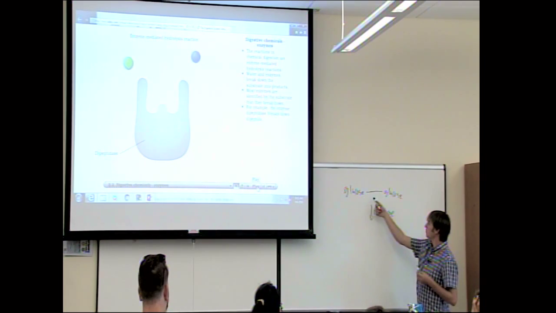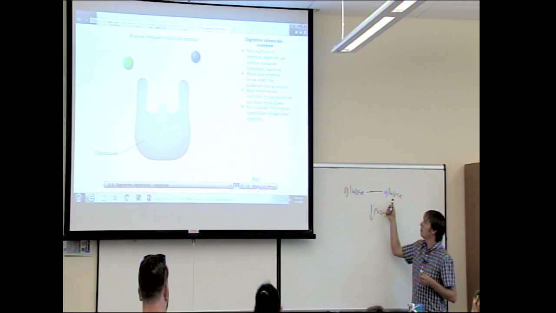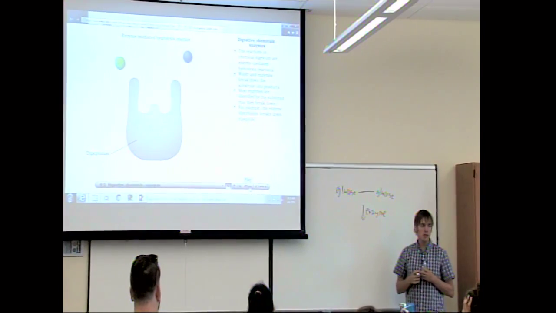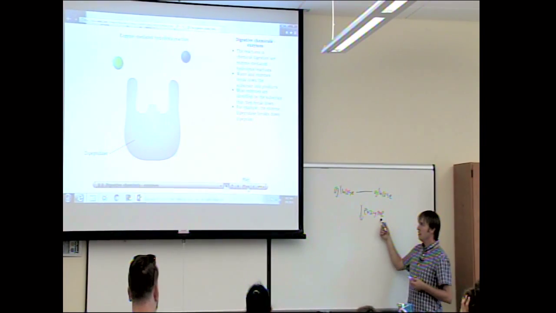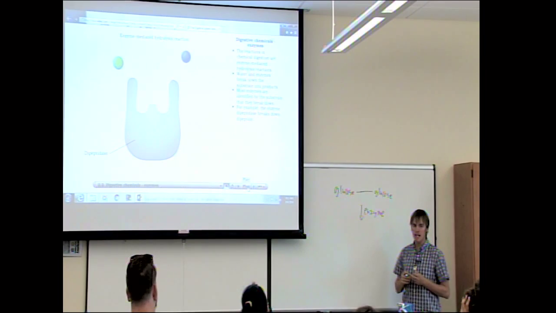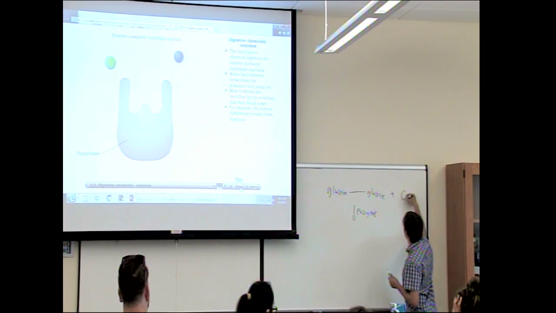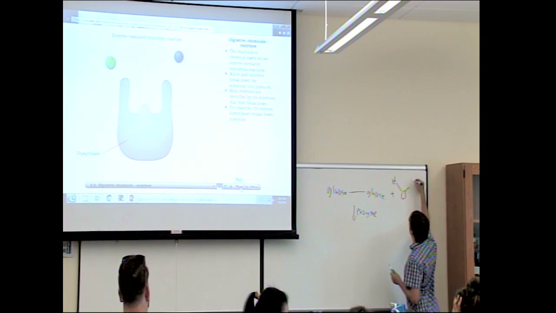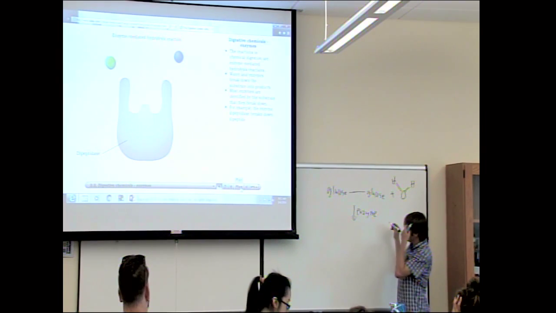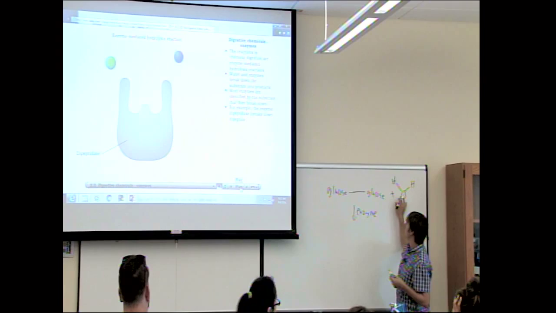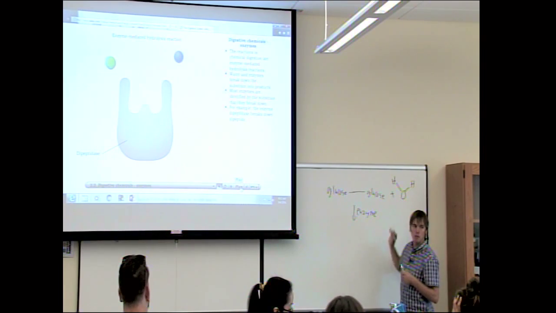So here's your starch with two glucoses bound together, and you've got some kind of enzyme in there. And you add water, which remember is oxygen and 2 hydrogens, and it's hydrolysis, which means the water splits.